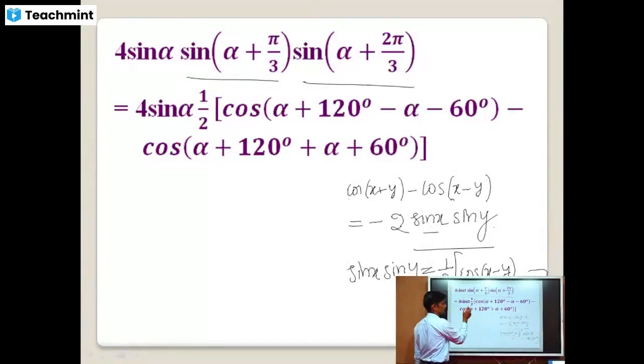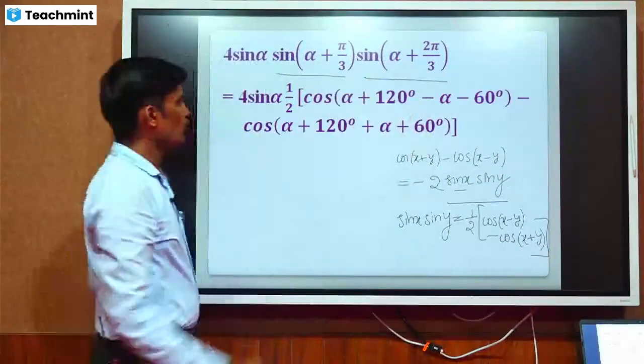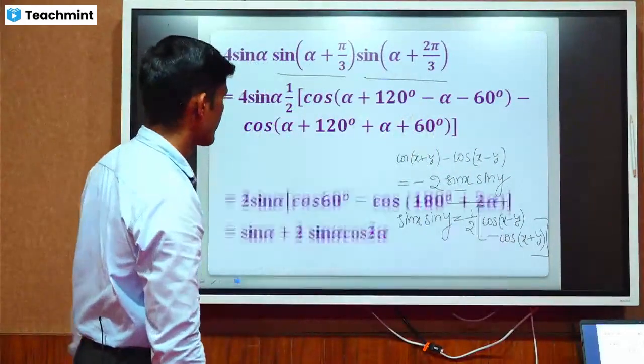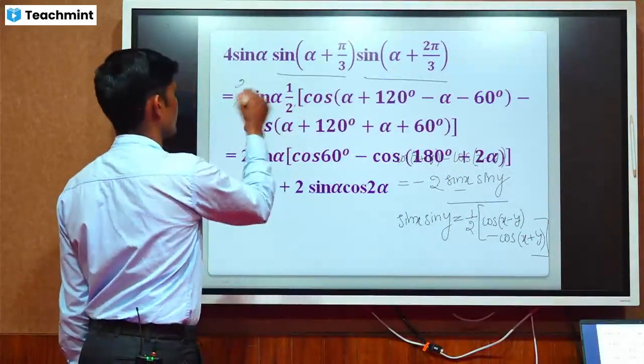So we can write this as half into cos of x minus y, that is alpha plus 120 degree minus alpha plus 60 degree, minus cos of x plus y, that is cos of alpha plus 120 degree plus alpha plus 60 degree. On simplifying this, 2 ones are 2, 2 twos are 4.